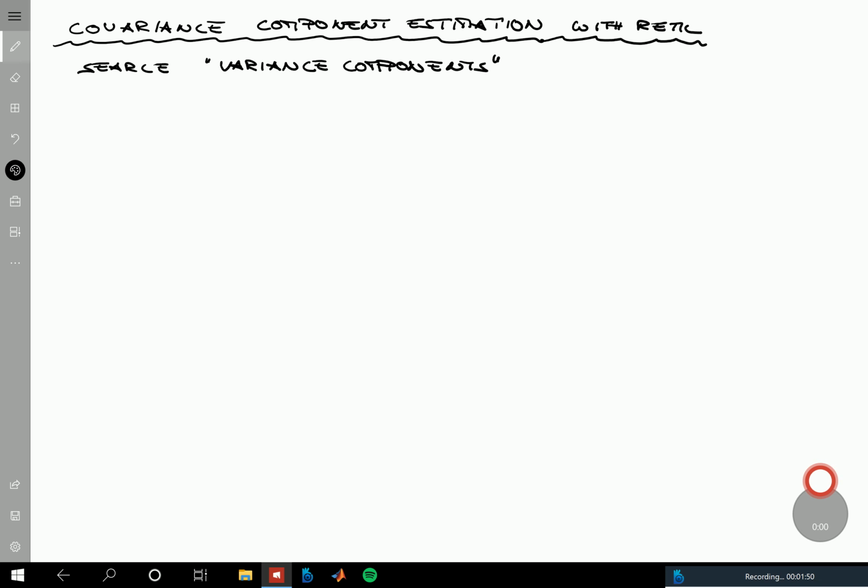So then, of course, the first question is, what does this mean in terms of covariance? What are covariance components, and what is the model that we are dealing with? And that's in some sense similar to last week when we discussed generalized least squares.